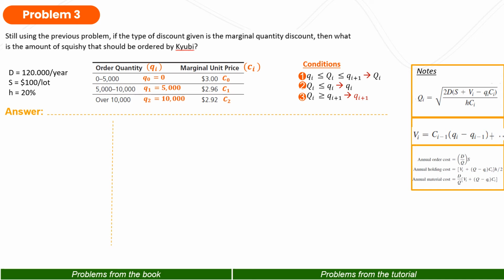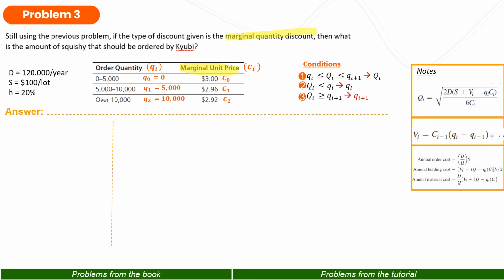Okay, next, problem 3, still using the previous problem. If the type of discount given is the marginal quantity discount, not the all-quantity discount like before, then what is the amount of squishy that should be ordered by QB? So in this condition, for example, when we put an order of 7,000 units, then the first 5,000 units will be charged at a cost of $3, and then the remaining 2,000 units will be charged with $2.96.